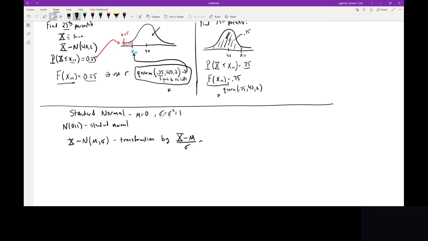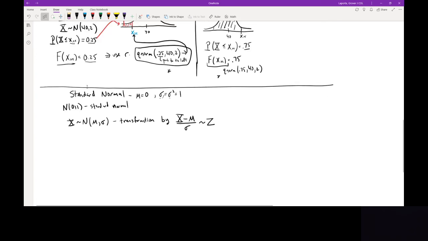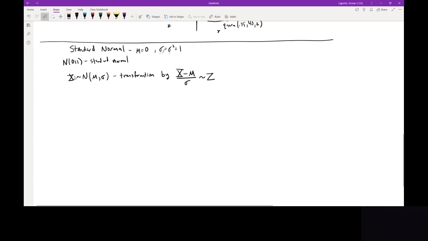If I do that, the new random variable that comes out of here is going to be a z distribution.